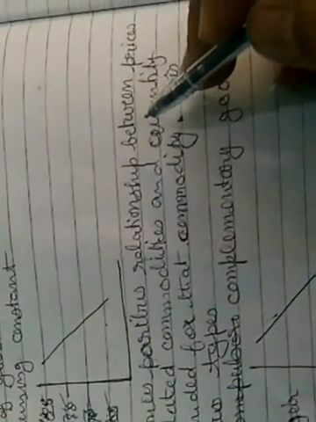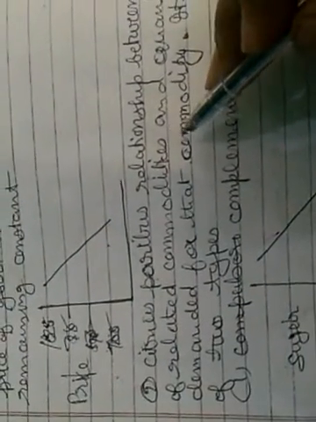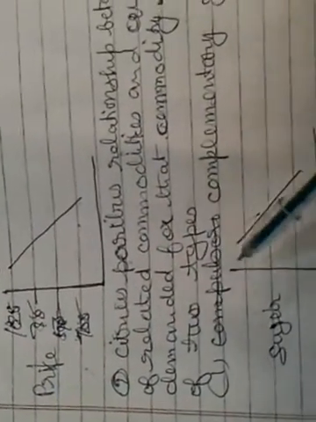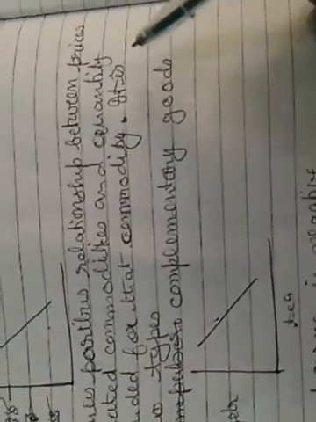This is called ceteris paribus relationship between prices of related commodities, which means all the other things remaining same. In short, it means all the other things remaining same. That means my preferences, their features, and other things all are the same. So this can be of two types.